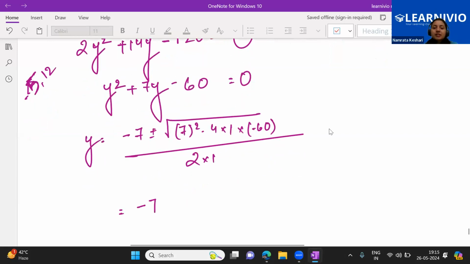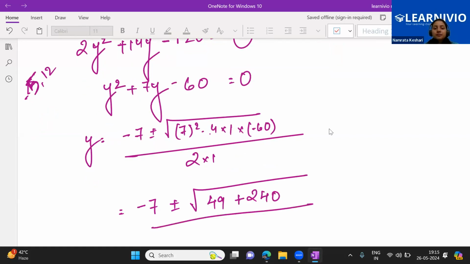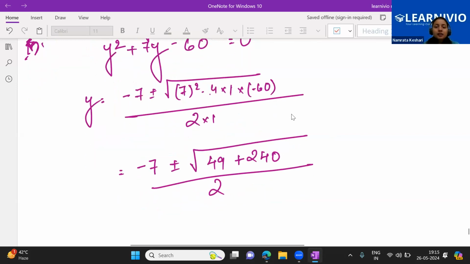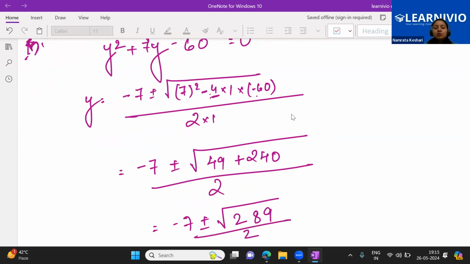It will be minus 7 plus minus under root 49 minus 4 into minus 60, that means 240, by 2. Minus minus becomes plus. That's why I have written this is minus 4 and this is minus 60. It became positive. Minus 7 plus minus under root 289 by 2.